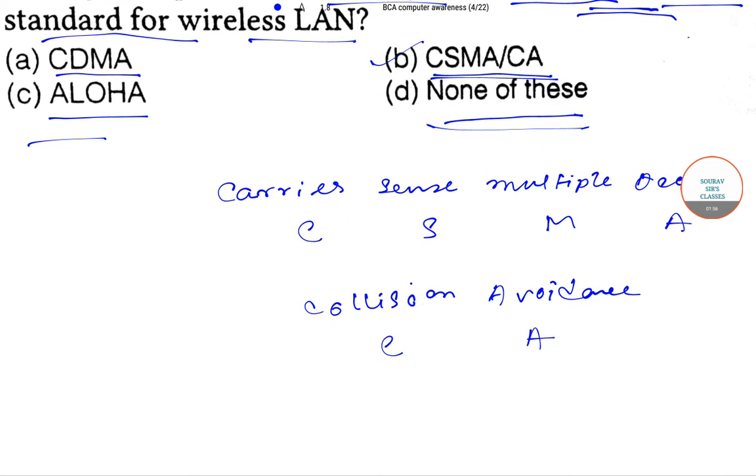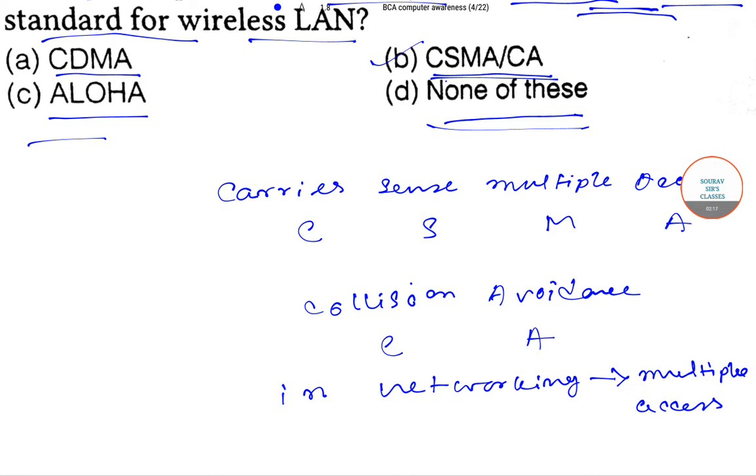So CSMA/CA in networking is used for multiple access. Okay, so clearly our answer will be option B, that is CSMA/CA.